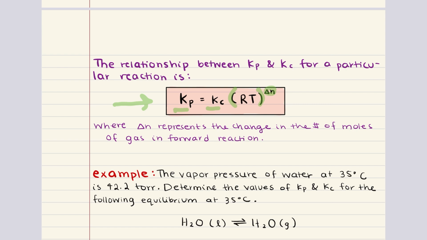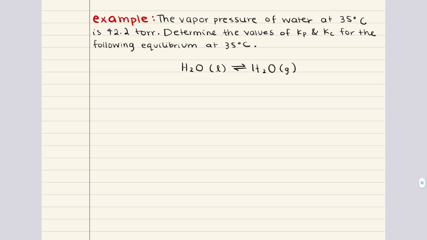Now, this connection between Kp and Kc is fundamental in solving equilibrium problems involving gases because it enables us to utilize whichever form of the equilibrium constant is most convenient based on the given data. And understanding these concepts is really important for analyzing and predicting the behavior of gas phase reactions under different conditions. With that, let's go ahead and tackle a practice problem together.